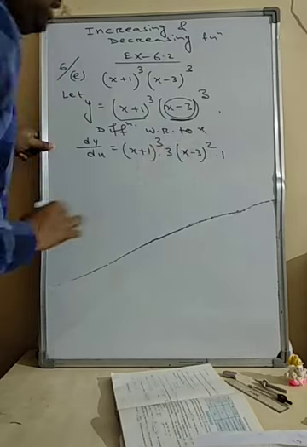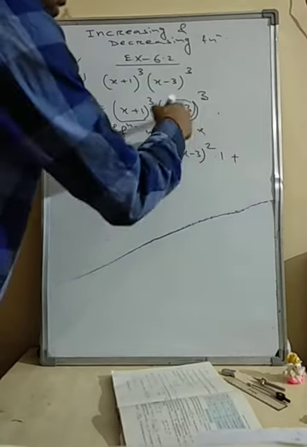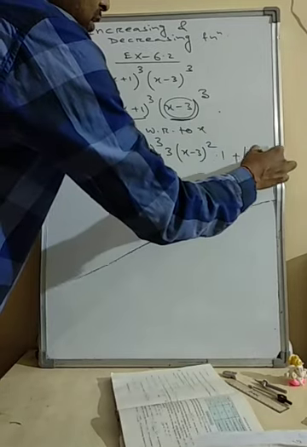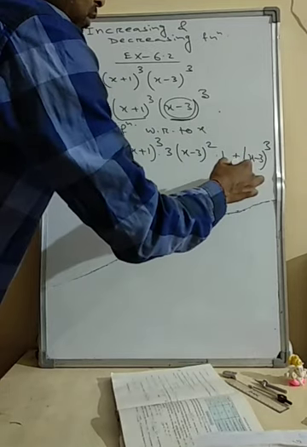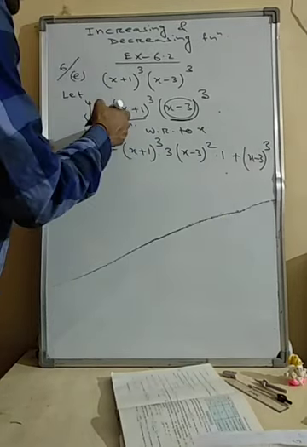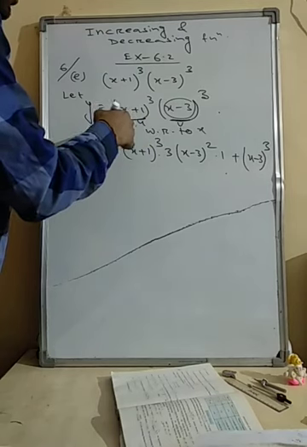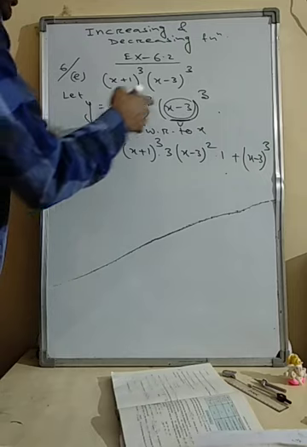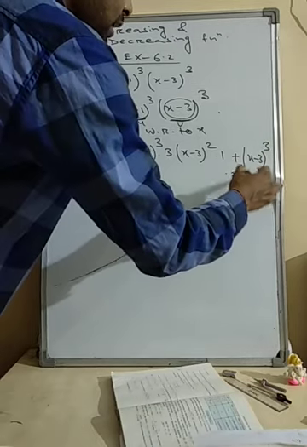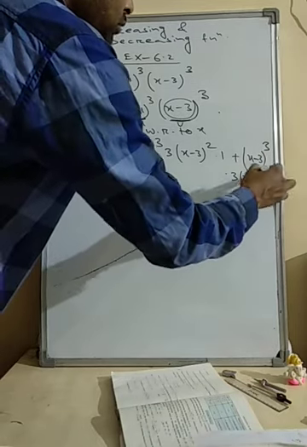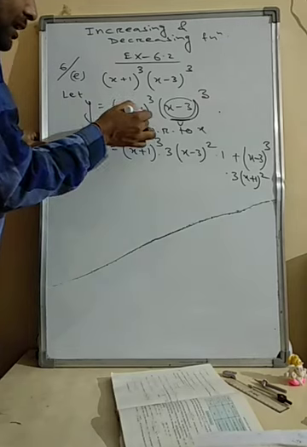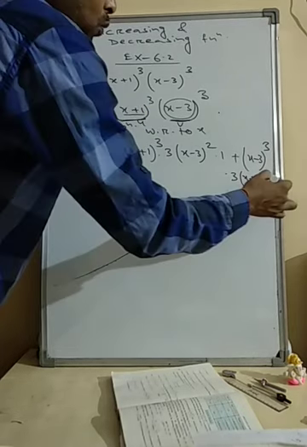so that is 1. Plus then v. v is (x minus 3) whole cube into d/dx of u. This is u, so this u actually is (x plus 1) whole cube, suppose this is x cube again, so 3(x plus 1) whole square, but it is not x, again d/dx of x plus 1 will be 1.